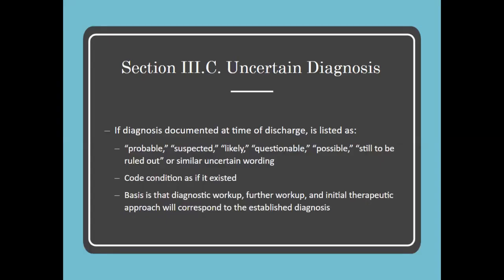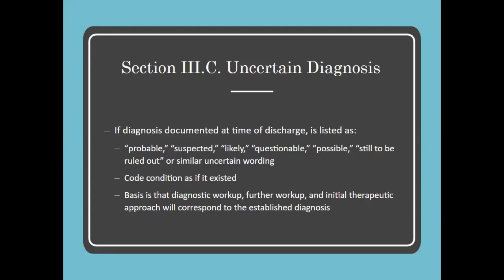Section 3, uncertain diagnosis continued. If a diagnosis documented at the time of discharge is listed as probable, suspected, likely, questionable, possible, still to be ruled out, or similar uncertain wording, code the condition as if it existed.